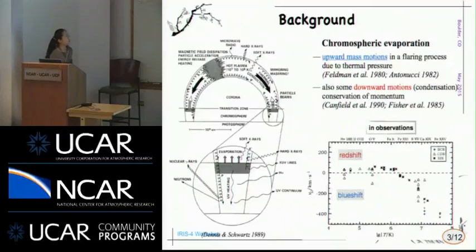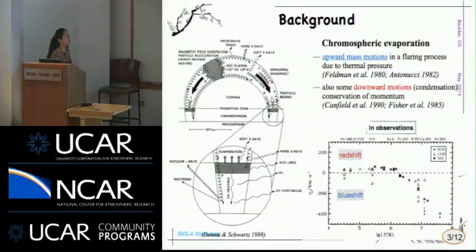So chromospheric plasma is heated, and due to thermal pressure, it will go up. This process is called chromospheric evaporation. Based on momentum balance, there is also some material going downward, which is called chromospheric condensation.